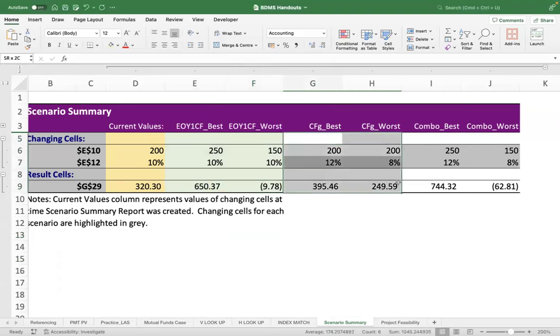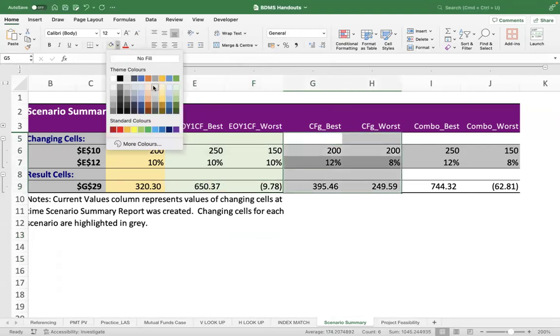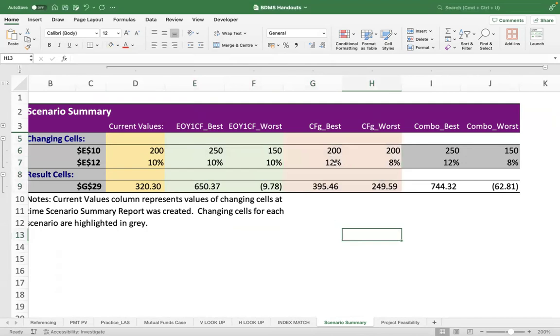Same way for growth rates. If my growth rate becomes 12%, what happens to your NPV? If my growth rate becomes 8%, what happens to my NPV? You will see that growth rate causes more sensitivity to NPV than your first year cash flows. The range is much wider.